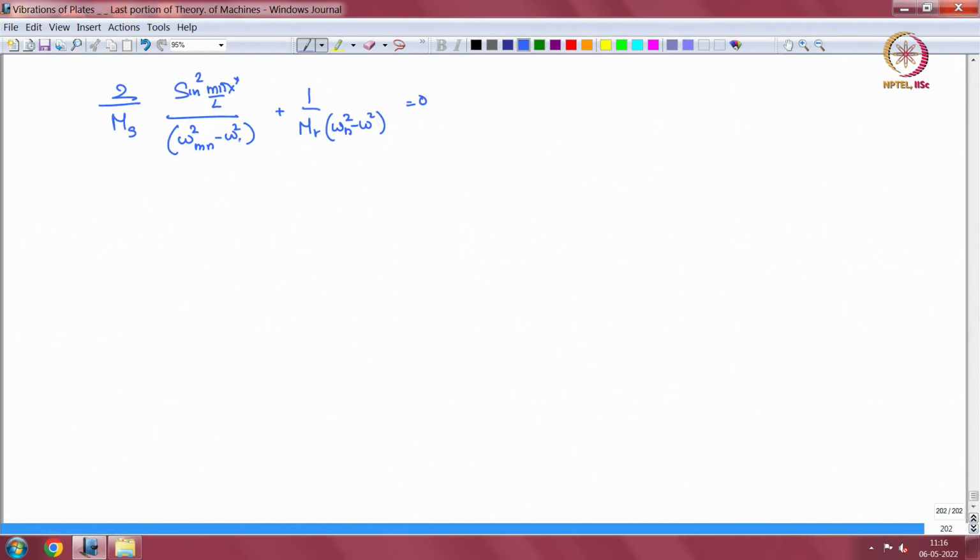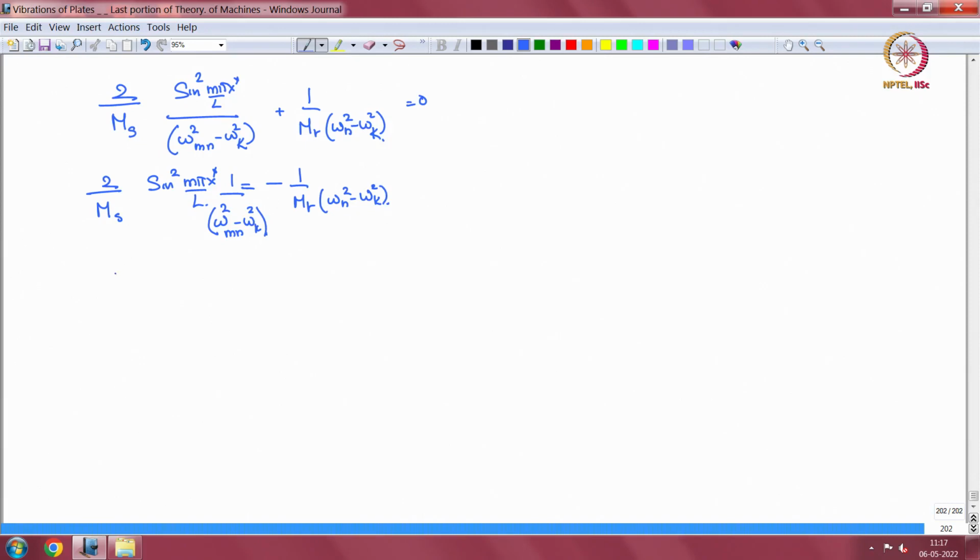Okay. So let us say this is omega k now, omega k. So what do I have? I have twice over ms sine square m pi x star by L is equal to minus 1 by mr, omega n square minus omega k square, and I have 1 over omega square mn minus omega square k.